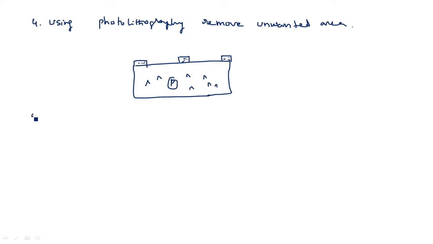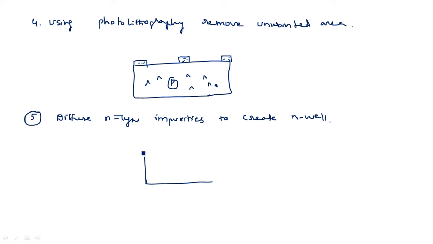Now diffuse n-type impurities to create the n-well. So we are taking the substrate.